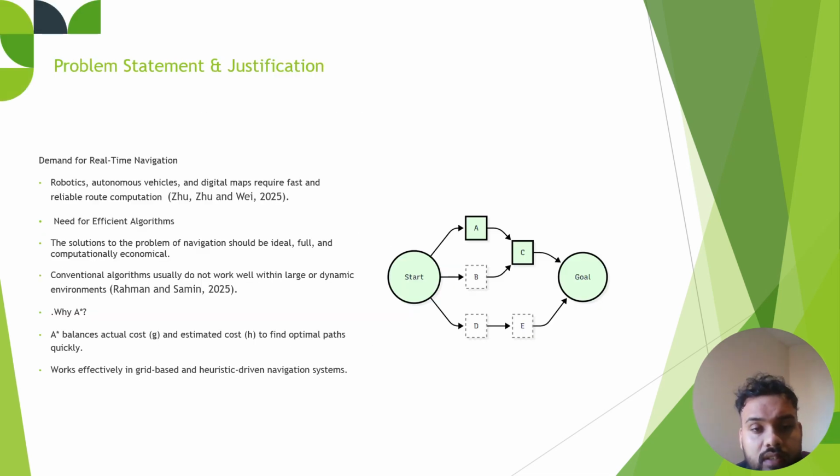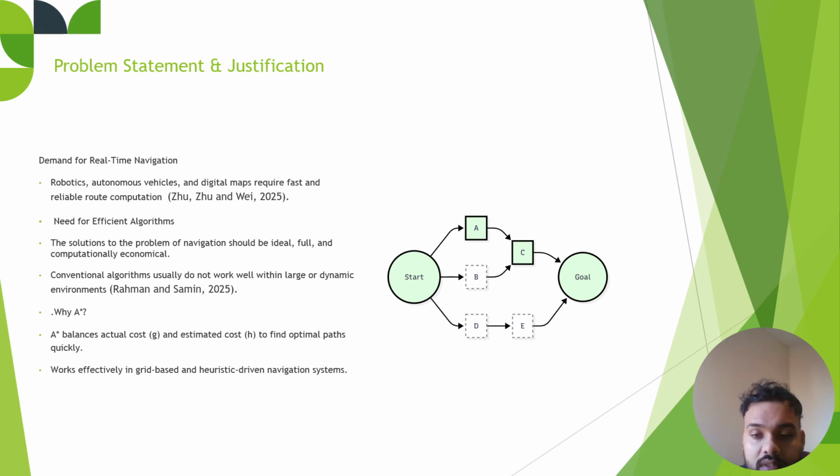In the third slide, I'm showing the problem statement and justification. What's the core problem we are addressing in modern applications, particularly robotics, autonomous vehicles, and digital mapping systems? The keyword is real time.